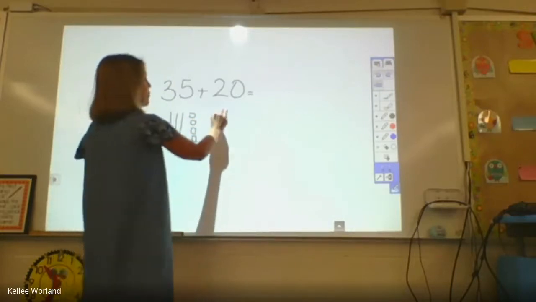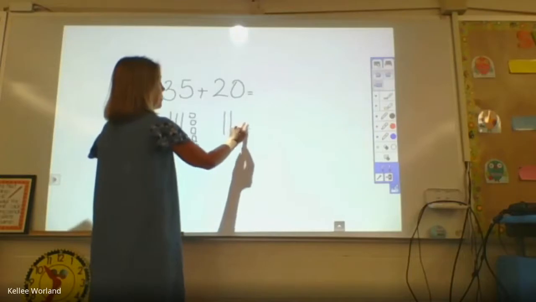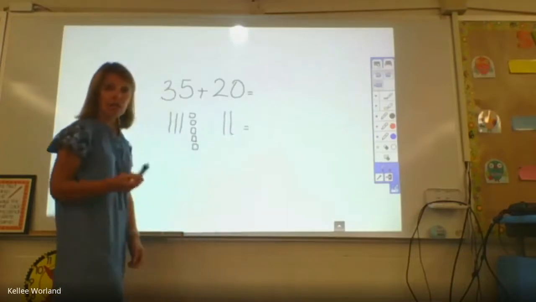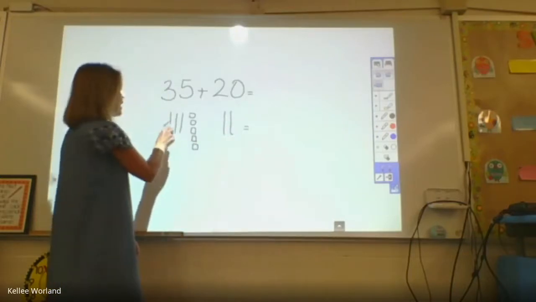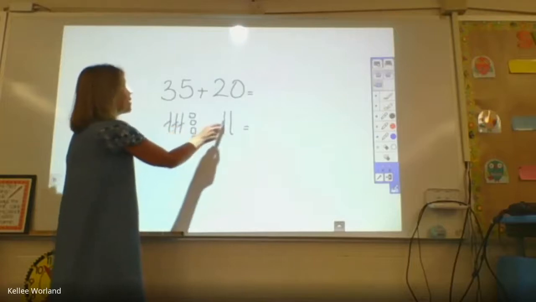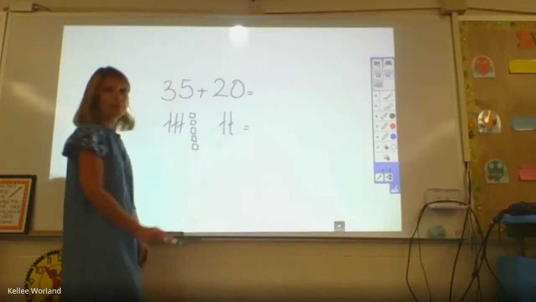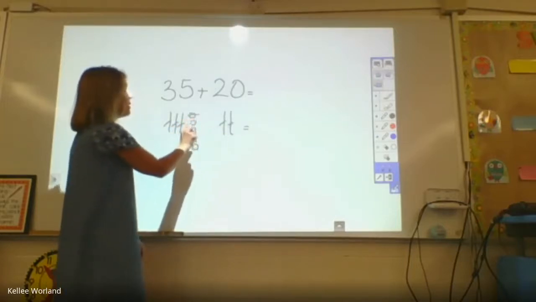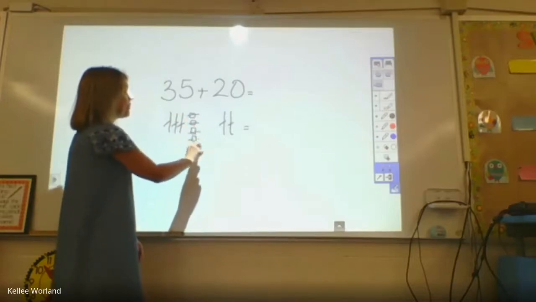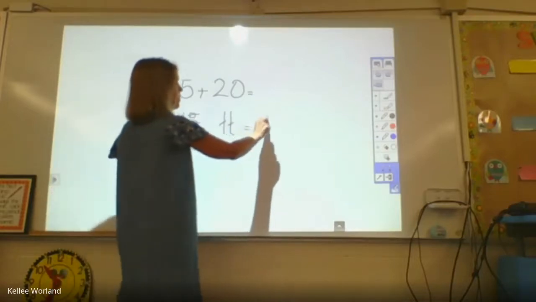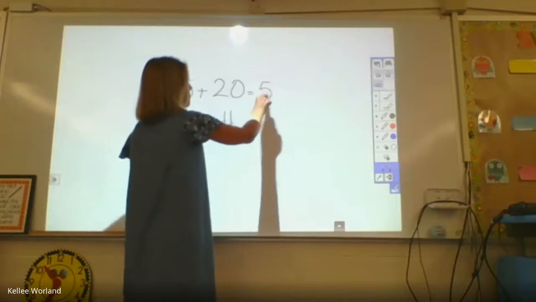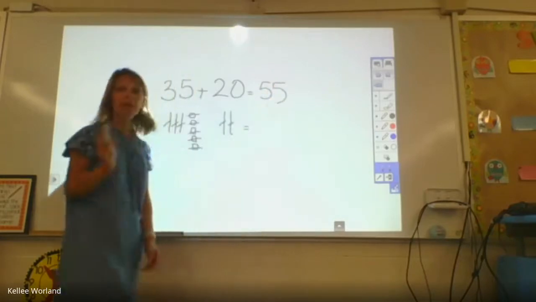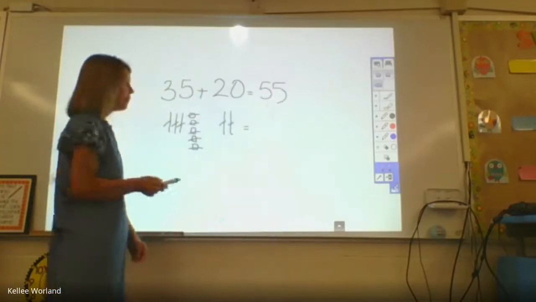Okay? Then come over here, 10, 20. Count your 10s first. 10, 20, 30, 40, 50. 51, 52, 53, 54, 55. That's one way you can work that problem.